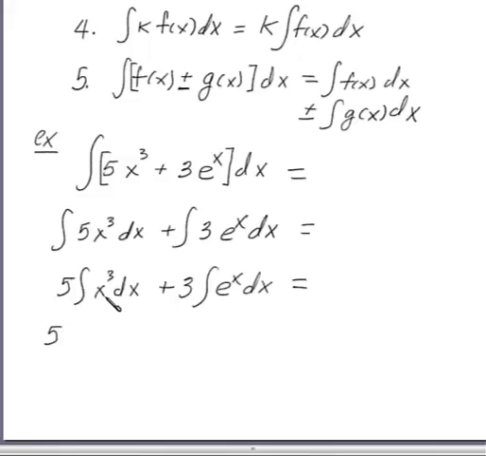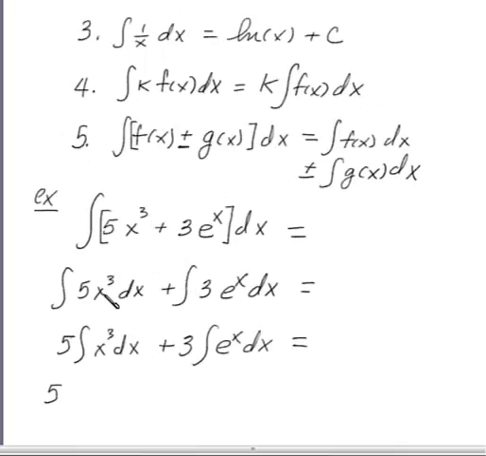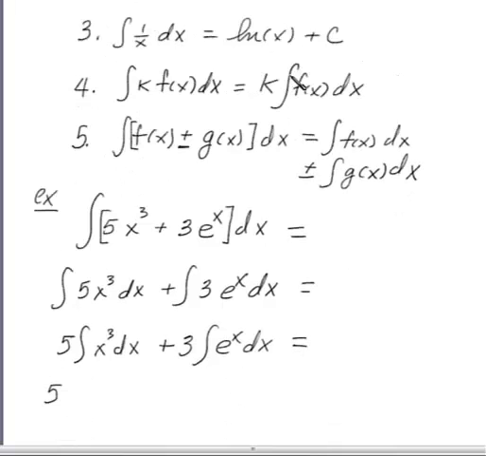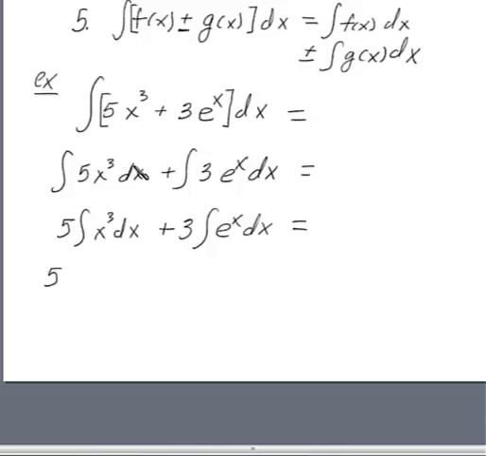Okay, x cubed, that was, let's scroll up here, 1. We talked about how we would take the integral of a power function, x to the n, just manipulate the exponents. It's x to the n plus 1 and then divided by n plus 1, and of course plus a constant. So what do we have here?